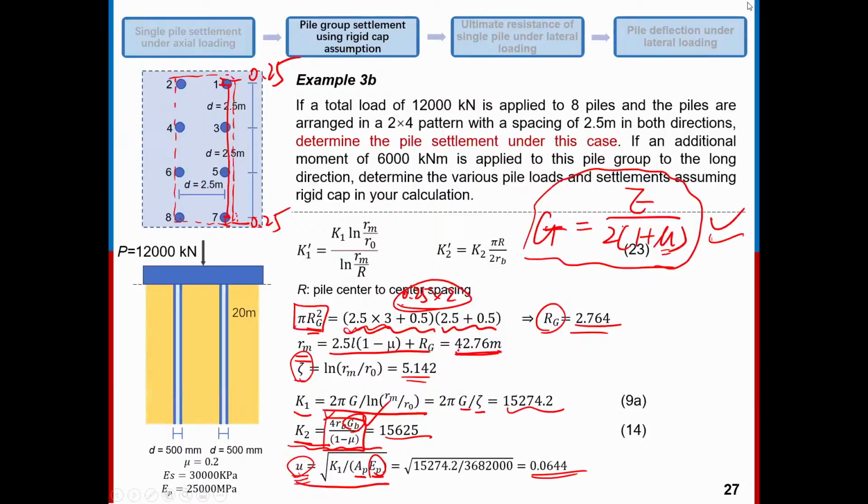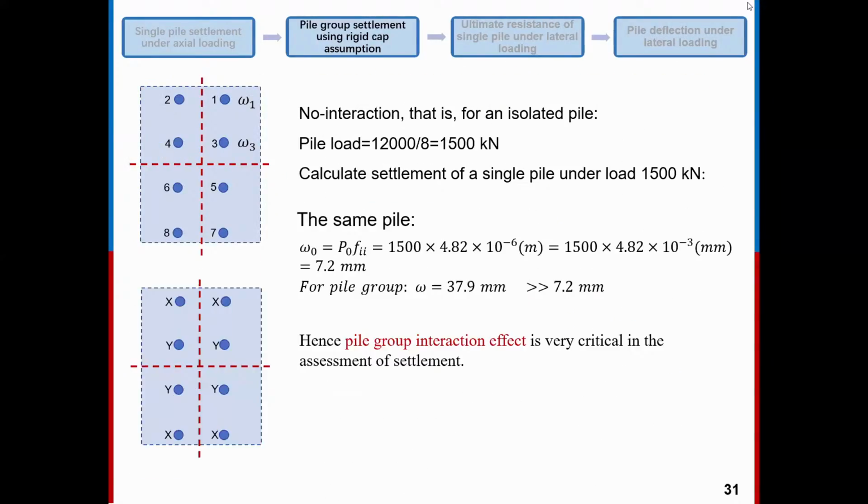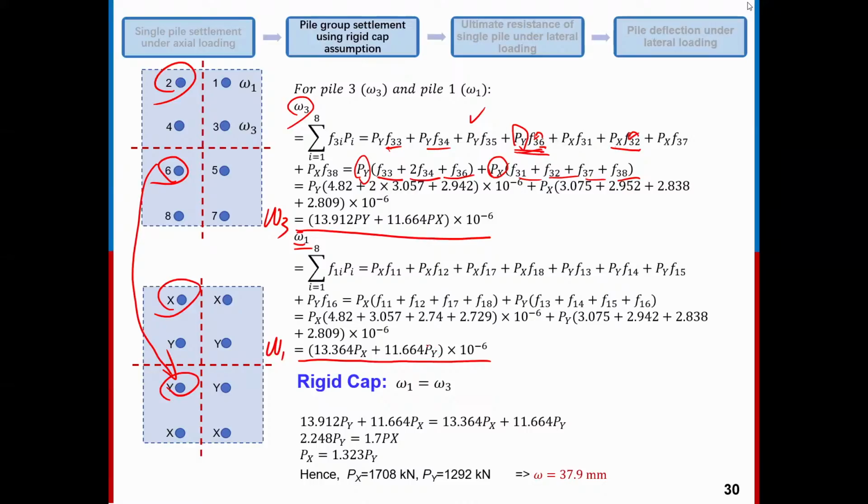The strain values are the same. So we can conclude that omega 1 is equal to omega 3. You see here, right? So these 2 equations are equal, and we can establish the relationship between Px and Py.